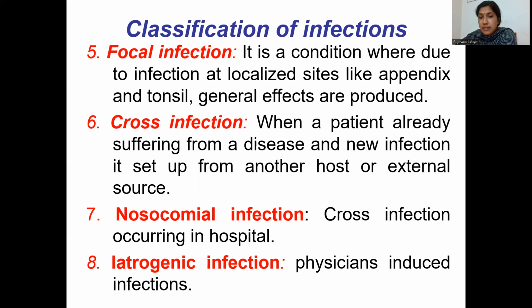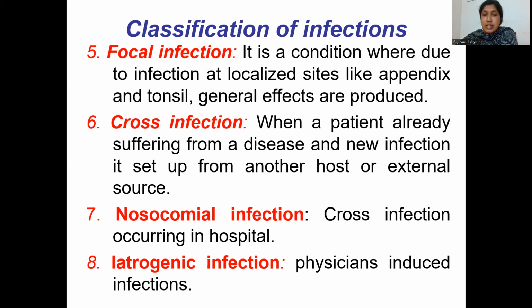Then nosocomial infection. It is also known as hospital acquired infection, a type of cross infection occurring in the hospital. Then iatrogenic infection is physician-induced infection; infection that occurs during therapeutic procedures is known as iatrogenic infection.